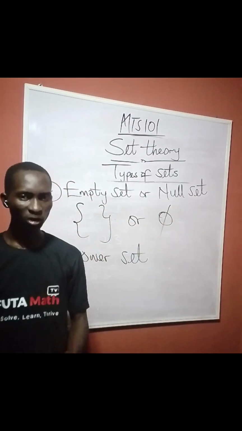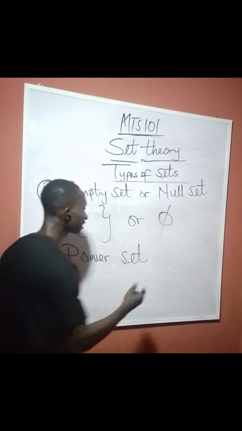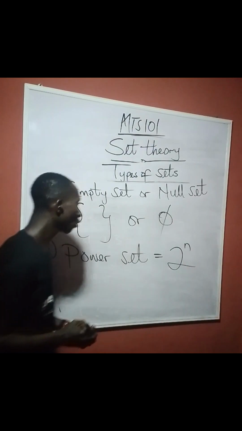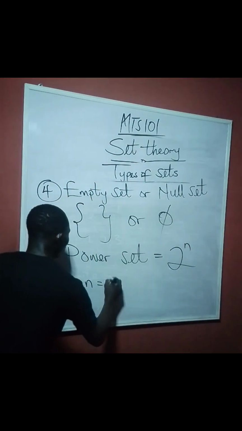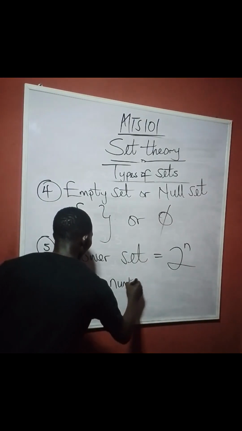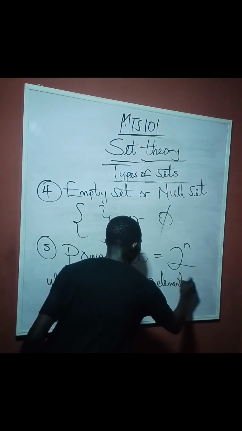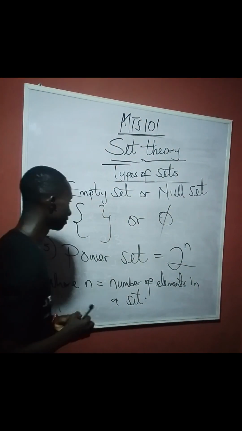All the possible subsets that a set can have is called what? A power set, and it is obtained by this formula, 2 raised to power n. Now, what does n mean? Where n equals the number of elements. It means the number of elements in a set. That is what this n means.